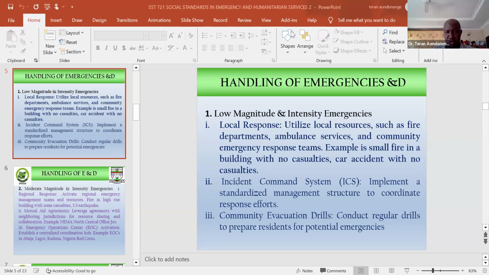Ruth, you were not with us, so we needed to call your attention. You should read the slide on there and explain the difference between low magnitude and emergency disasters. Read what is on the slide there. If that's difficult for you, let's move to another person. Japheth, please.